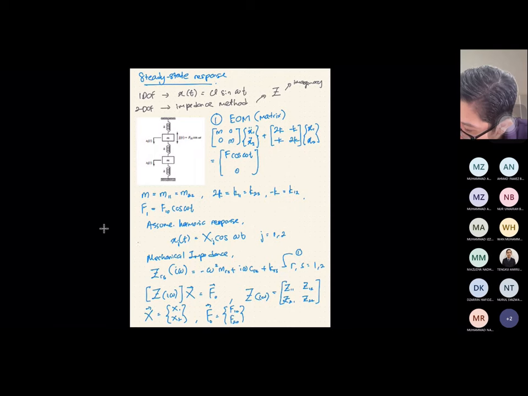Second will be defining harmonic response and mechanical impedance.